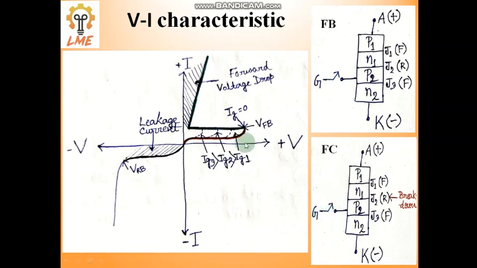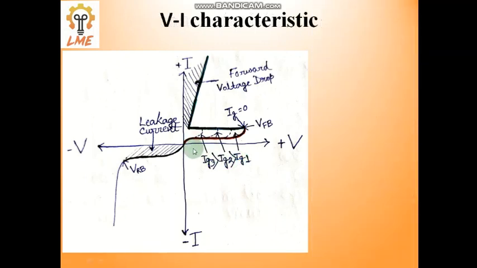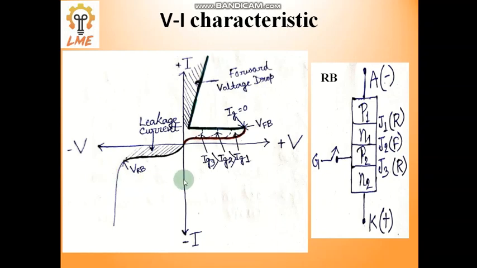I will tell you after 2-3 slides what these are. For this entire operation, the gate terminal is open, so at this point we have written Ig equal to 0, meaning the gate current is 0. From this slide we discussed the forward blocking mode and forward conducting mode.